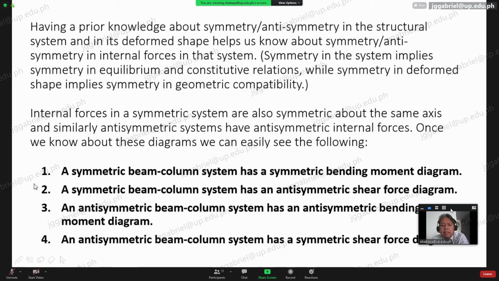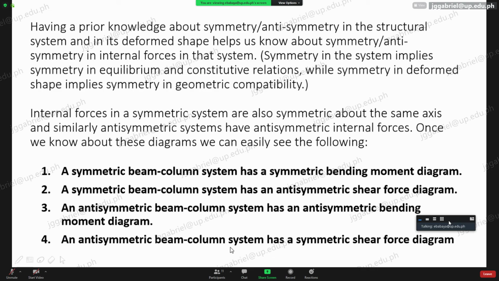Okay, it says here, a symmetric beam column system has a symmetric bending moment diagram. Okay, symmetric then yung bending moment diagram. And then a symmetric beam column system has an antisymmetric shear force diagram. Okay. Then it says here, an antisymmetric beam column system has an antisymmetric bending moment diagram.